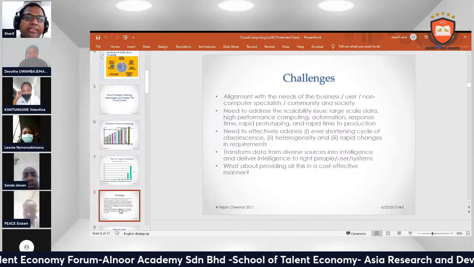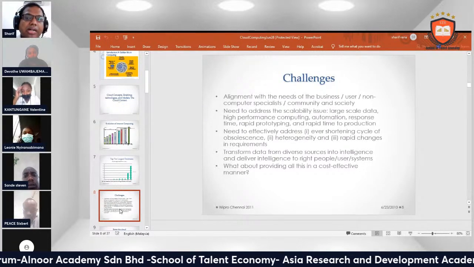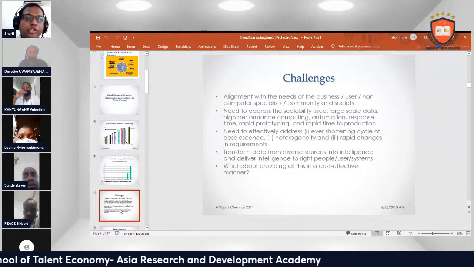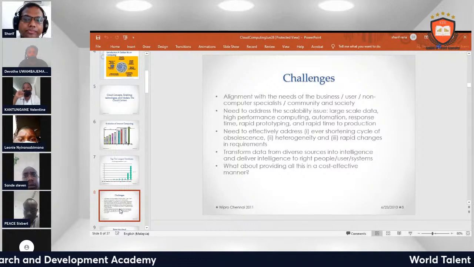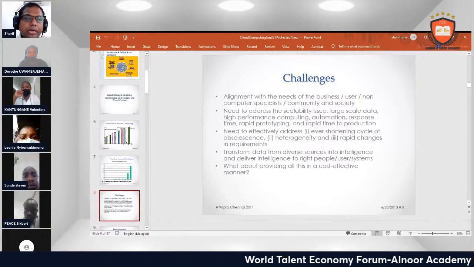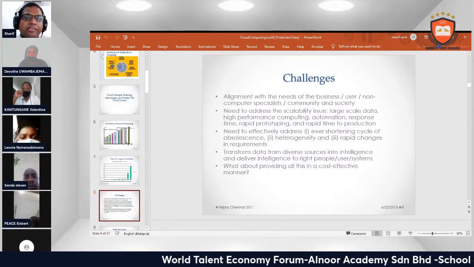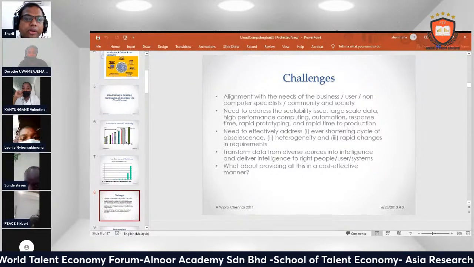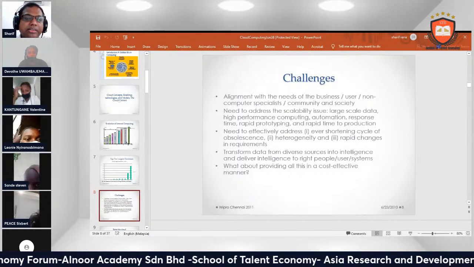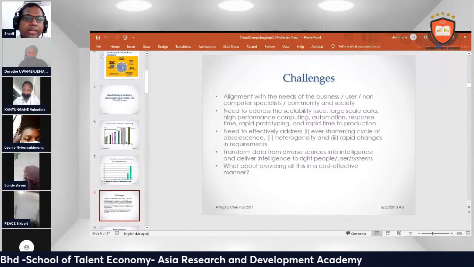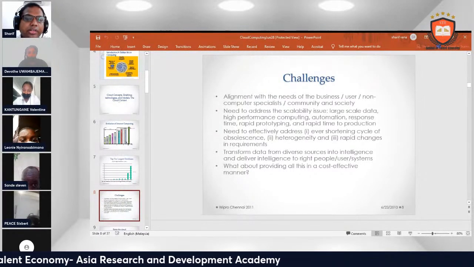Need to address scalability issues, large-scale data, high performance computing, automation, response time, rapid prototyping, and the ever shorter life cycle of obsolescence. Transform data from diverse sources into intelligence and deliver intelligence to the right people. What about providing all things in a cost-effective manner?